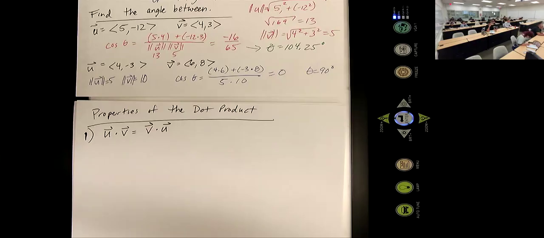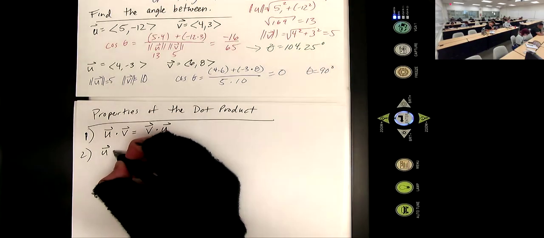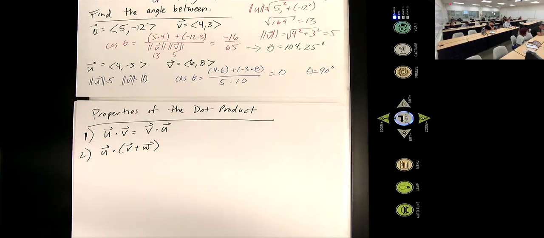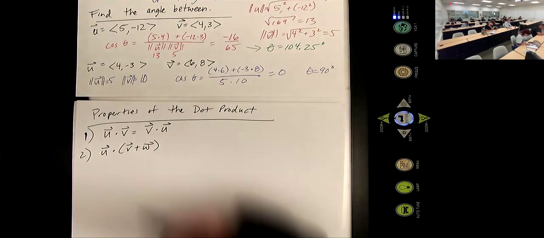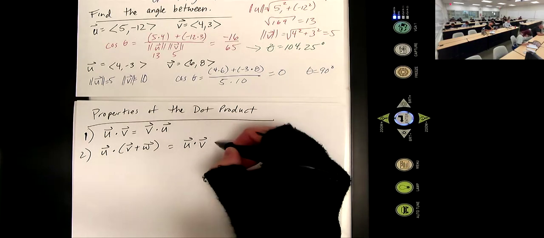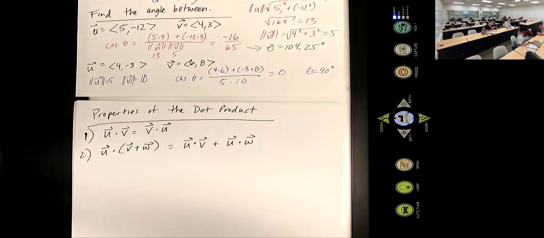Cross product does matter. Dot product doesn't. If I have U dotted with V plus W, the multiplication distributes, like it does with numbers, but now it's the dot product multiplication.